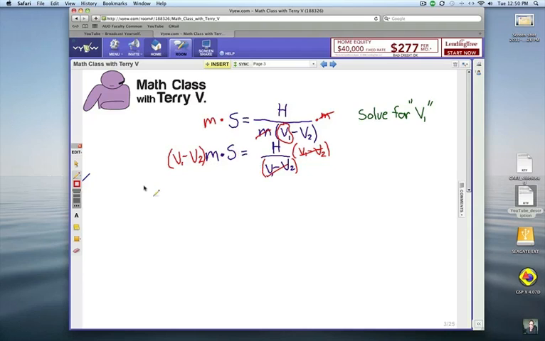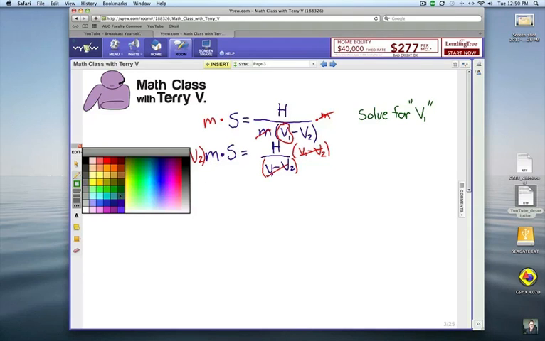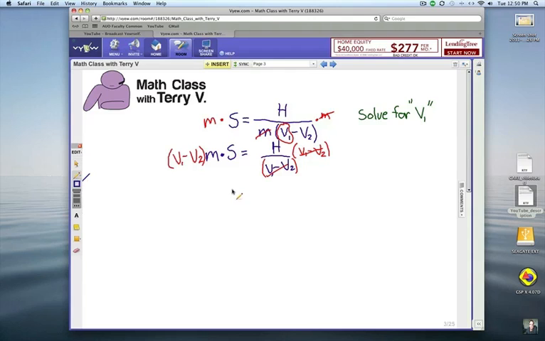Let's clean it up a little bit. A little more complicated than my previous example. On the right, I just have H. Everything else canceled out, right? So this is going to be MS or SM. Let's go MS in alphabetical order times each of those terms.